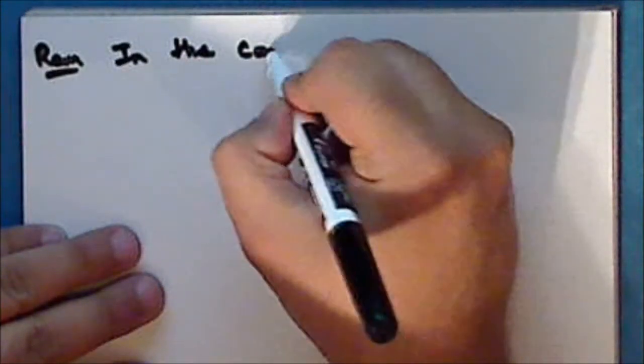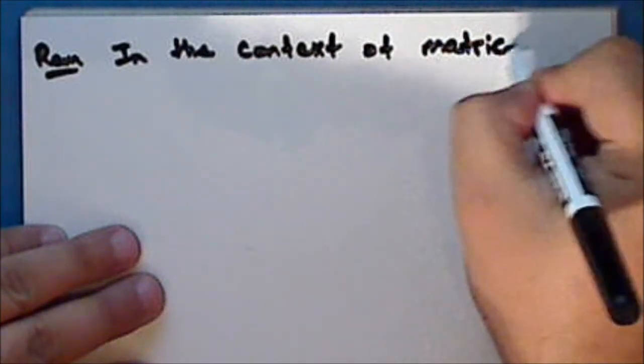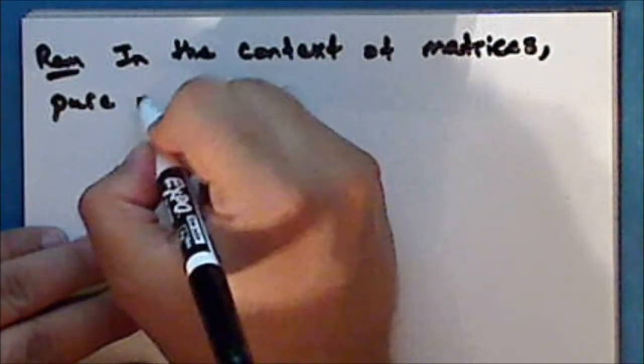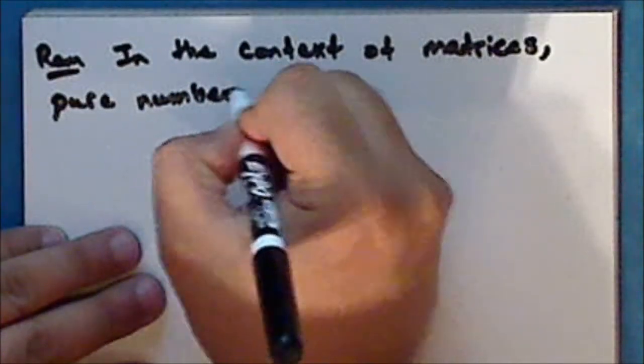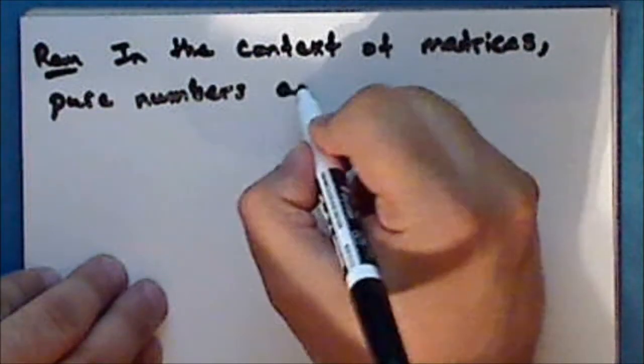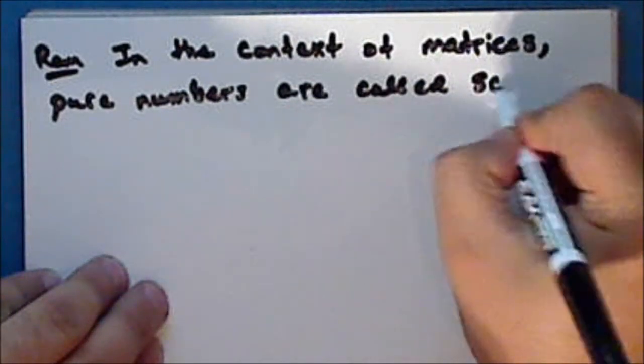Now, in the context of matrices, pure numbers, which for now are real numbers, are called scalars.